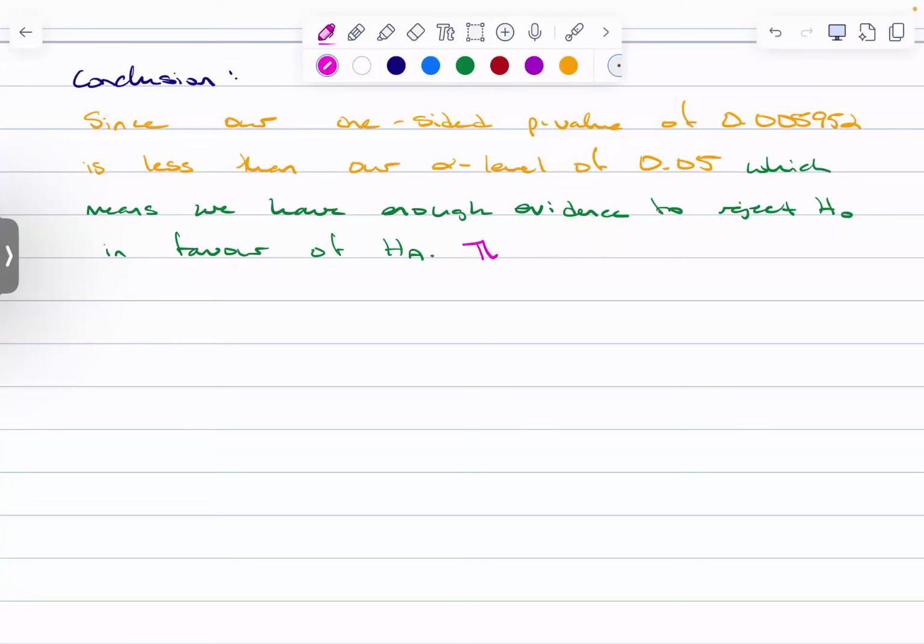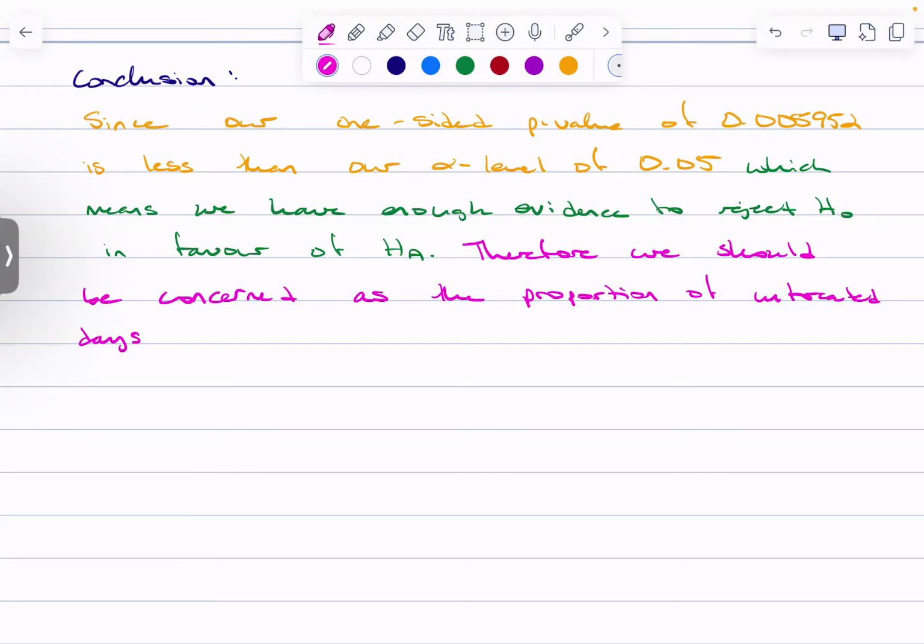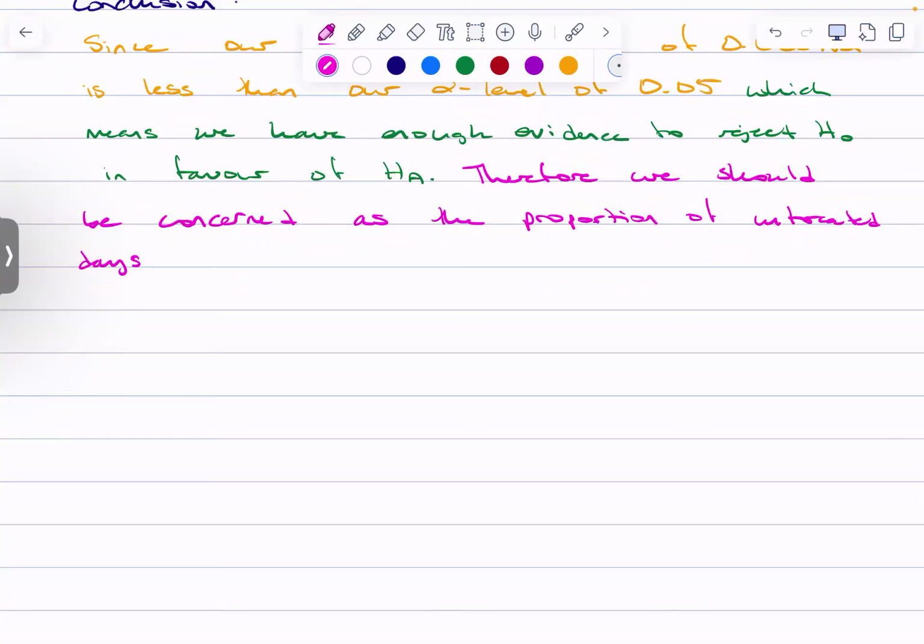So yes, therefore, we should be concerned as the proportion of untreated days is significantly higher than 0.15 or 15%.